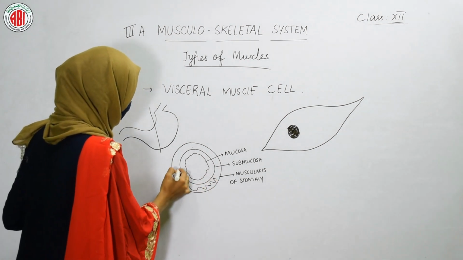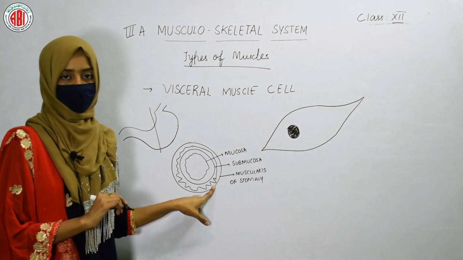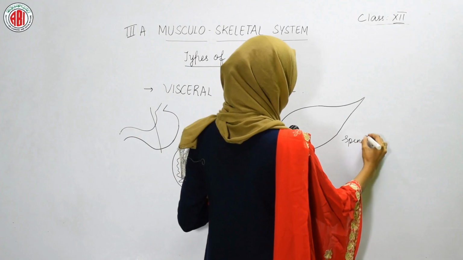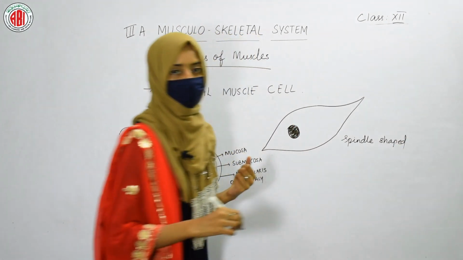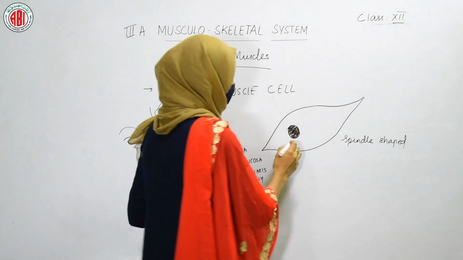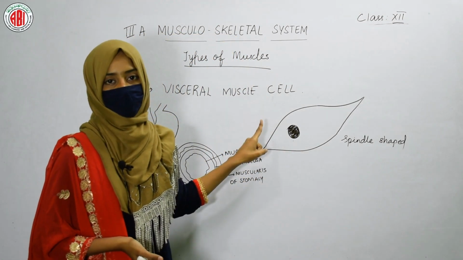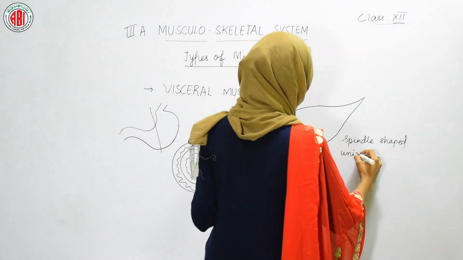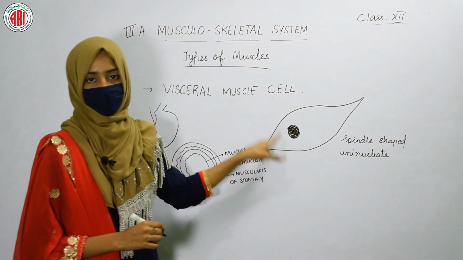In the muscularis of the stomach, certain muscles are present, and those muscles are our visceral muscle cells. In the layers you can find spindle shaped cells, and these spindle shaped cells are our visceral or smooth muscle cells. This smooth muscle cell possesses only one nucleus in its structure. So we can call this condition uninucleate.